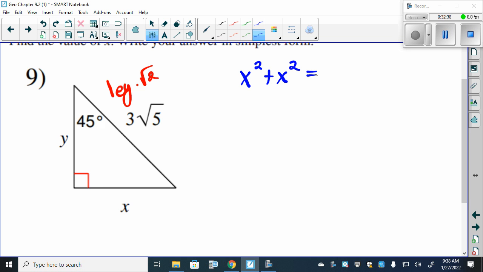And the hypotenuse is going to be 3 square root of 5 squared. Well, here, x squared plus x squared is 2x squared is equal to, well, 3 square root of 5 squared is 45, I believe.